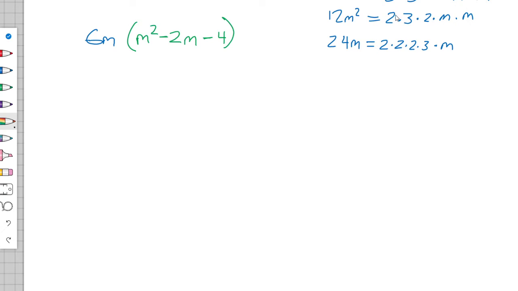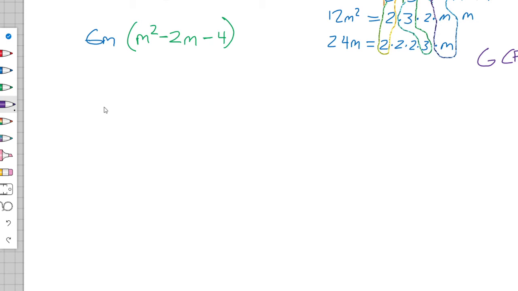Circling what we have alike between both of them, we have a 2 and a 3 and an m. So what is our greatest common factor? Two times 3, 6, times m. So 6m. Does that match up to what we pulled out? Yep.